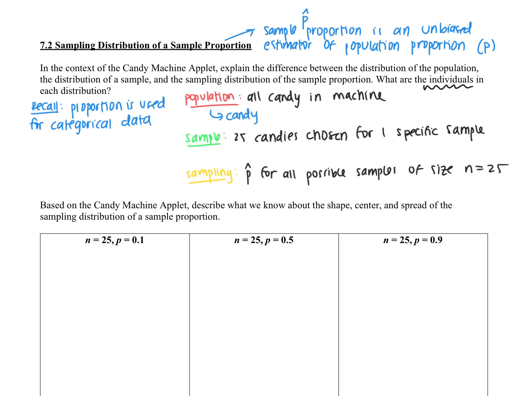So it would be like going through and saying, okay, this one's red, this one's yellow. That's the population. In the sample, again, same thing. I'm looking at each piece of candy individually. Sampling distribution is different, though. If we think of the dot on the dot plot, it does not represent a specific piece of candy. Instead, it represents a sample proportion. So here the distribution represents a group of candy.